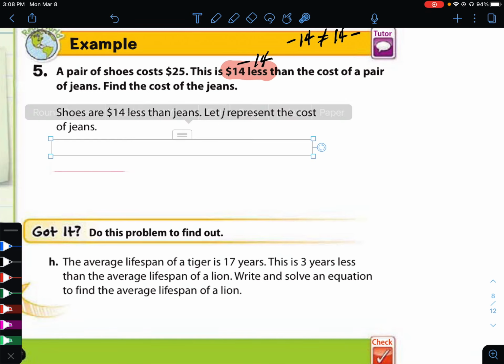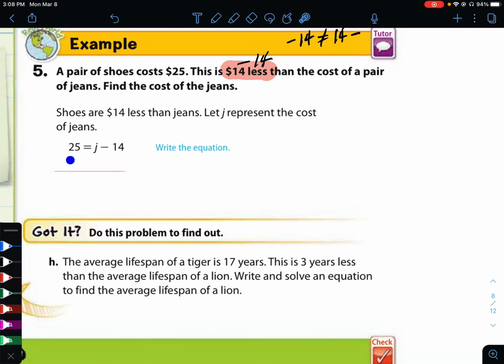Write down the equation, which means 25, the cost of our pair of shoes, is $14 less than the cost of our jeans, J minus 14. Also, one more tip, the word is can always be translated to an equal sign.